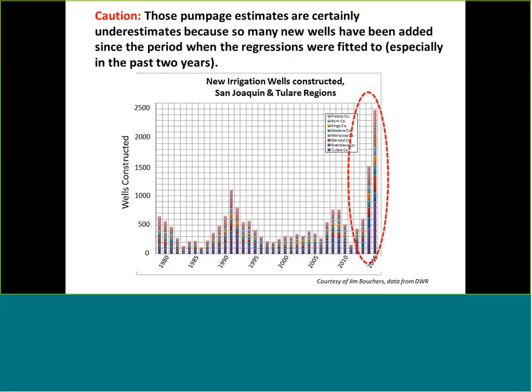This slide shows new wells constructed by year from about 1979 over here through 2015 over there for basically the southern San Joaquin and Tulare, so the southern two-thirds of the Central Valley.